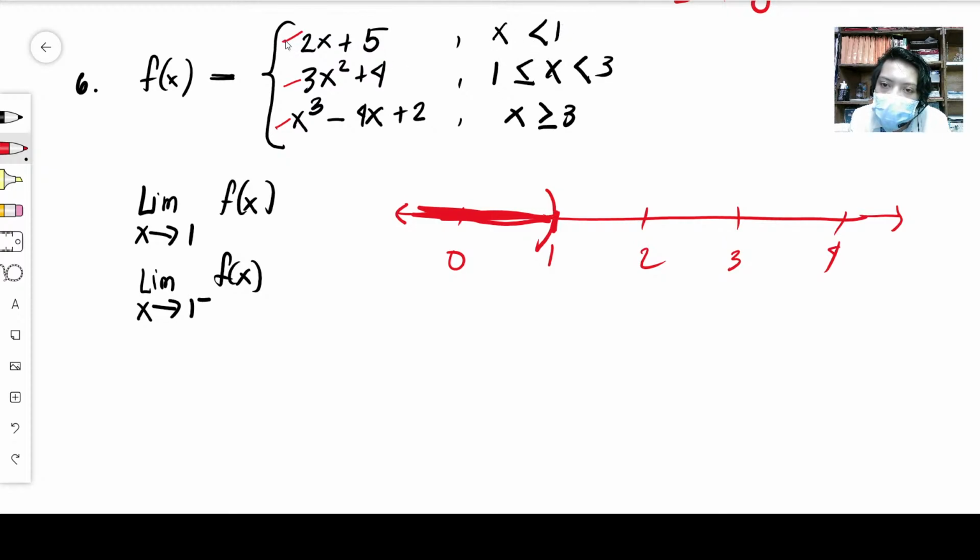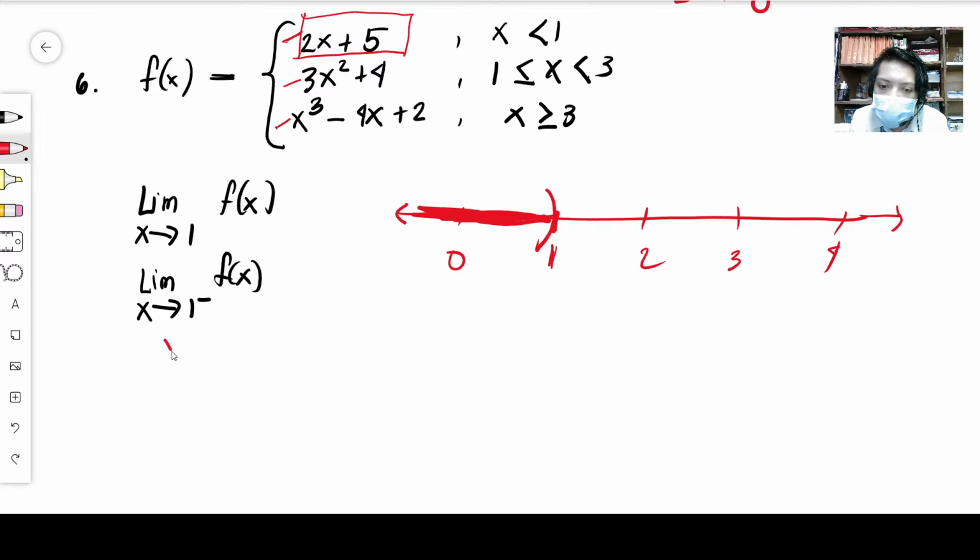The function 2x plus 5 can only be used when x is less than 1. Since x approaches 1 coming from the left, and this region here is all less than 1, the function we will use is this function.